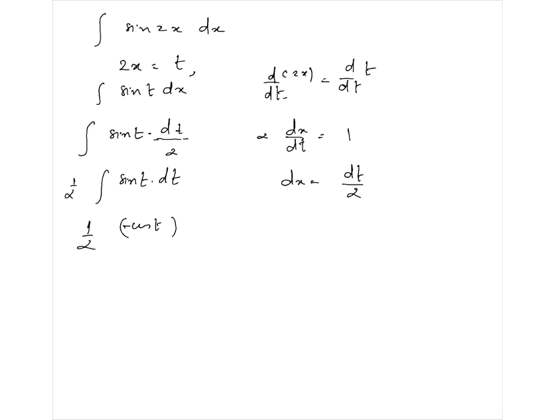C will be put at the end in the final answer. And in place of t, writing 2x. Now since we are doing indefinite integral, we must put some arbitrary constant at the very end at least.